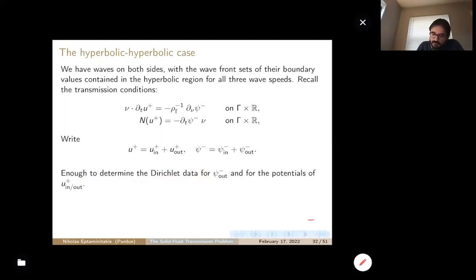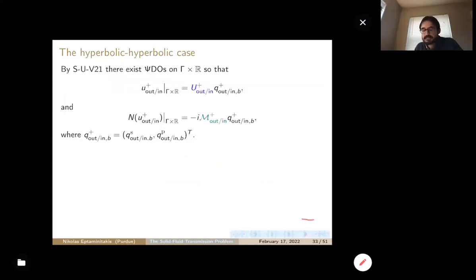Okay, so how to do that? Well, as we said, for the solid region, we're going to actually construct parametrices for the potentials, not for the full system. And in Stefanos and Vashi's paper, it is shown that you can actually relate the Dirichlet data of the full solution to the Dirichlet data of the potentials via an elliptic operator of order 1, which lives on the hypersurface.